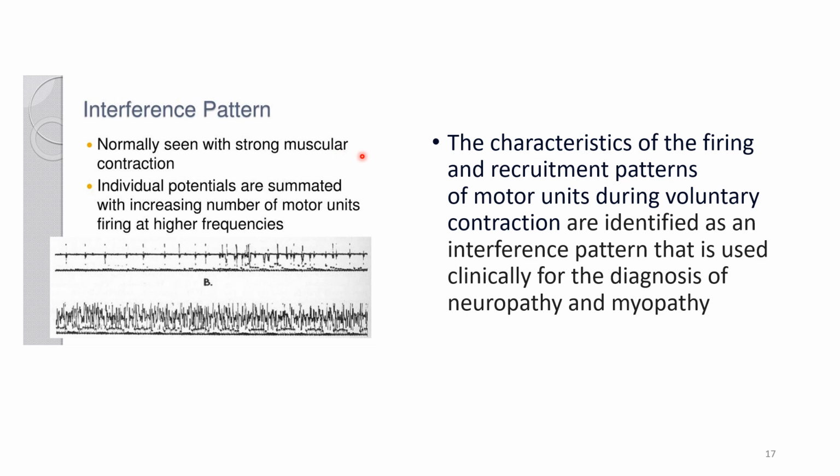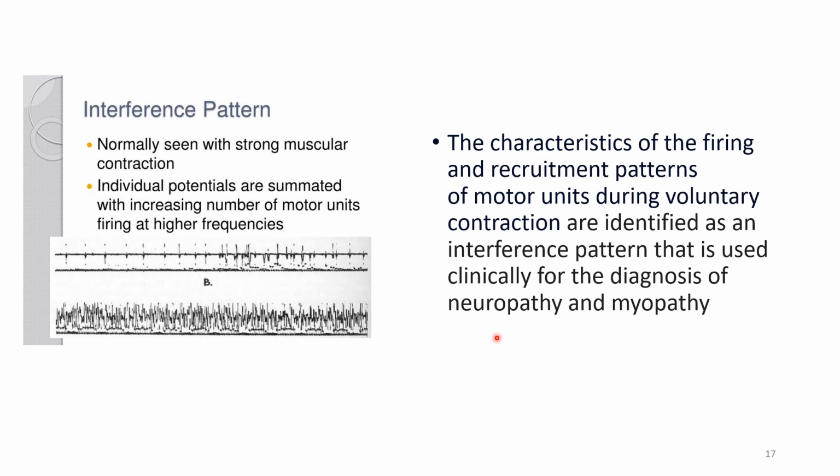Now coming to the interference pattern. What is this? The characteristics of the firing, how the firing is. The characteristics of firing and recruitment of the motor units during voluntary contraction are identified as an interference pattern, which is used clinically for the diagnosis of neuropathy and myopathy.